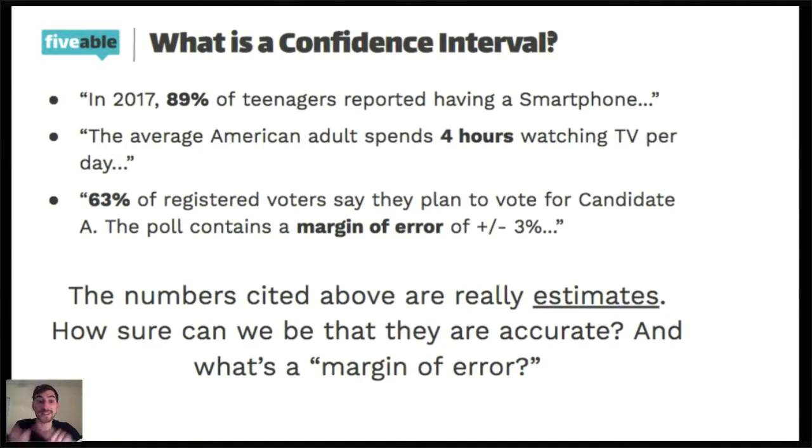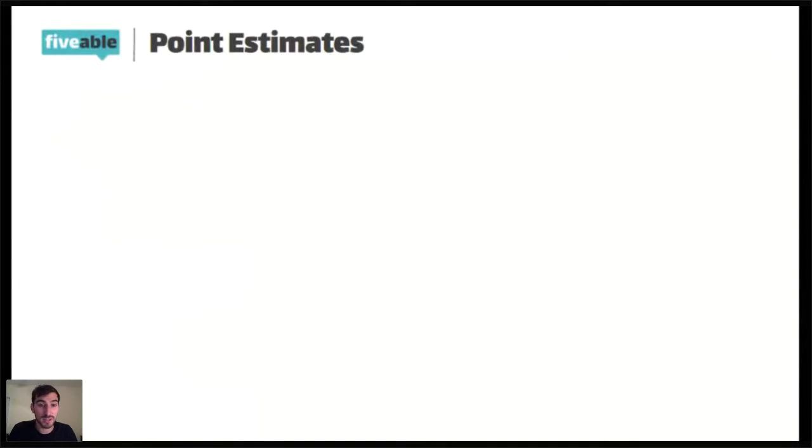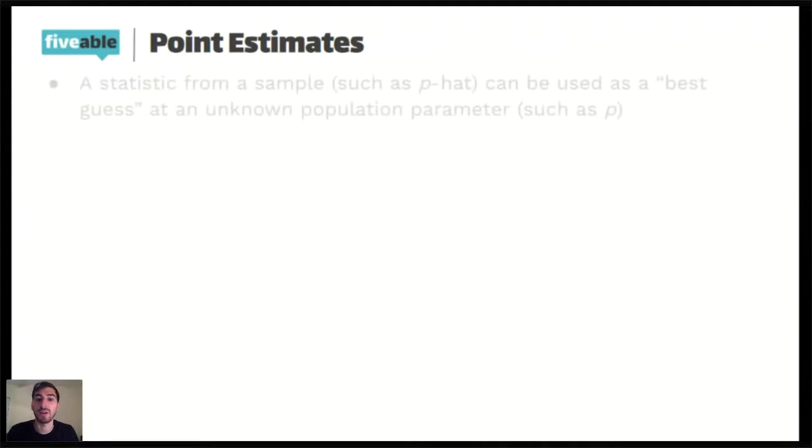And so back to the folks who are watching on replay, a confidence interval is made up of two things. The first thing is called a point estimate. Those numbers in bold you read were single numbers that estimated something about an entire population, and they are called point estimates. In the case of proportions, your p-hat is a point estimate.